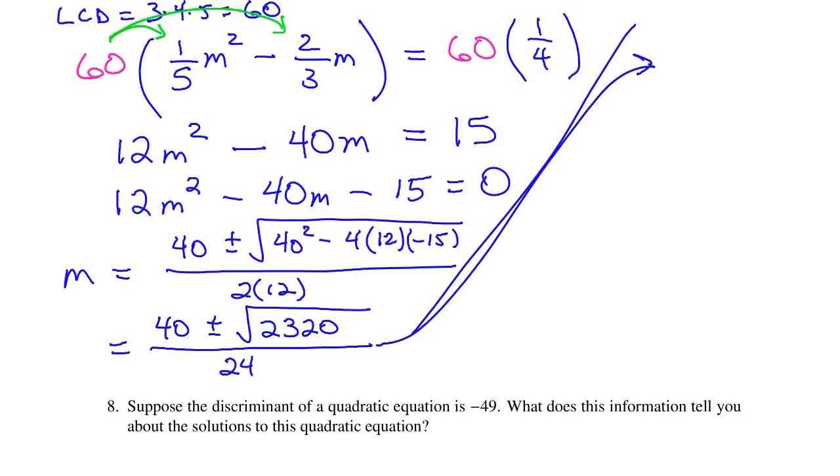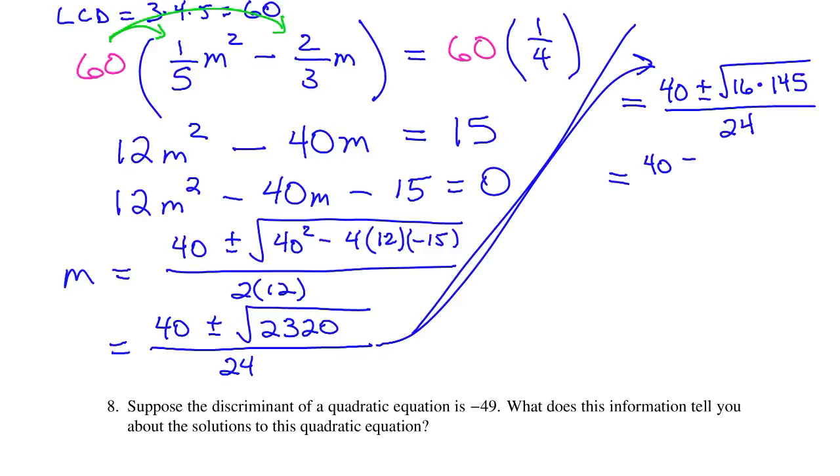Next, we want to simplify the square root. So you look for perfect squares that would go into 2,320. And use your calculator, you get 16 times 145. 24. The square root of 16 is 4.